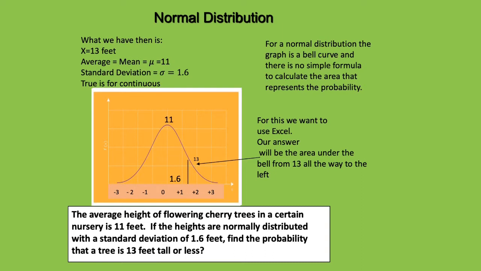I'm showing you that it's going to start at the 13 there and go all the way over to the left-hand side. Once we do that, we're going to be able to quickly come up with the answer. Now, this explanation is taking a lot longer than it would be to just go in and solve the problem, but I'm trying to get you to understand what it is that we're doing.